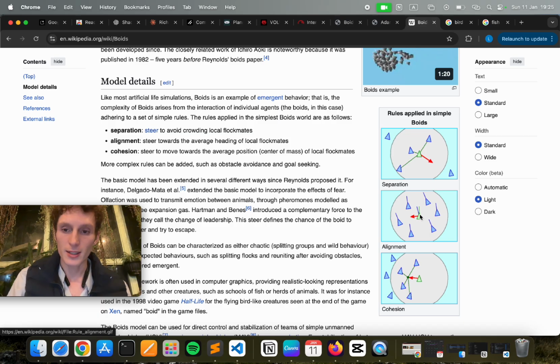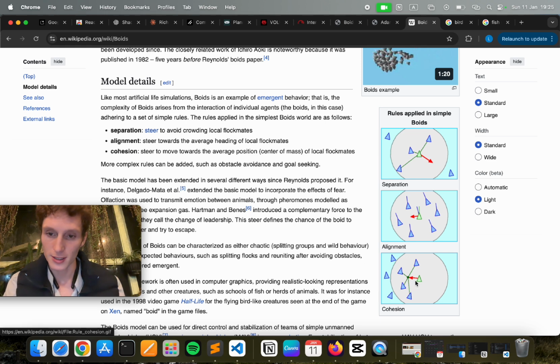Alignment is it wants to change its direction to be closer to the average of those other agents which it sees. And then cohesion is it wants to move towards the average position of the other agents which it sees. So here you can see it's got a vector of acceleration towards the average position of those agents.